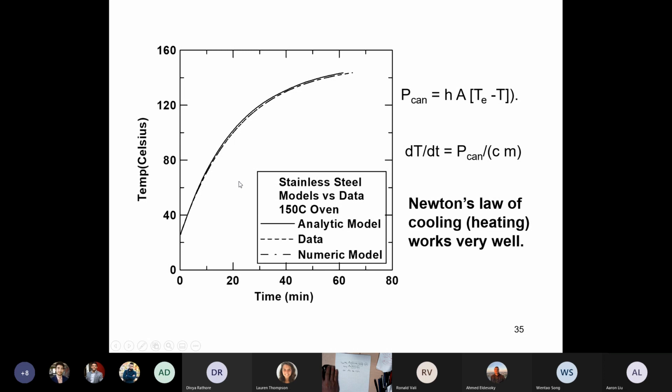That's the dash here. And then you use Newton's law of cooling, heating, shown here. And you calculate the rate of temperature of the cell, which would be this power transferred to the cell, divided by the specific heat of the cylinder that you're using and its mass. And by fitting the data, you can extract the surface heat transfer coefficient, which is what you have to be able to do these experiments right.